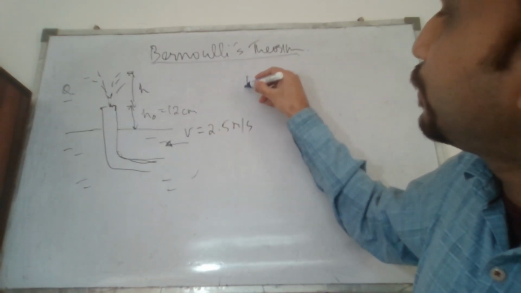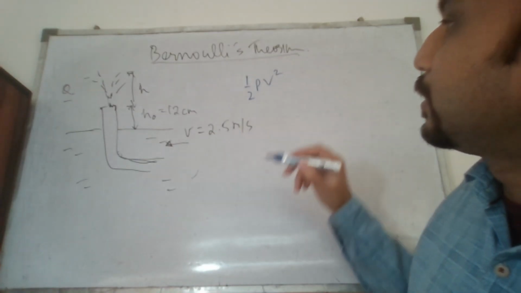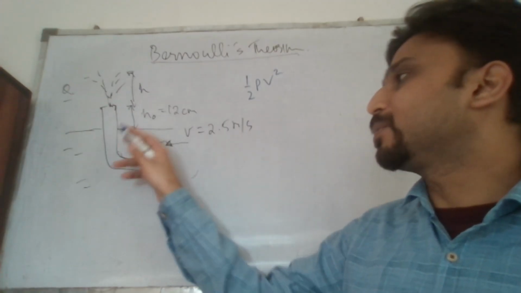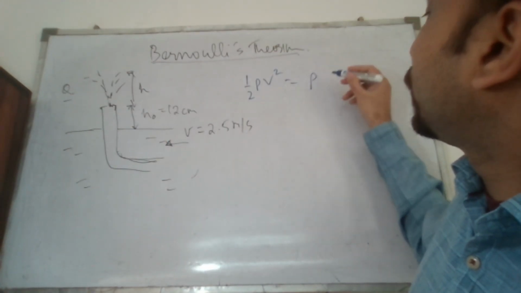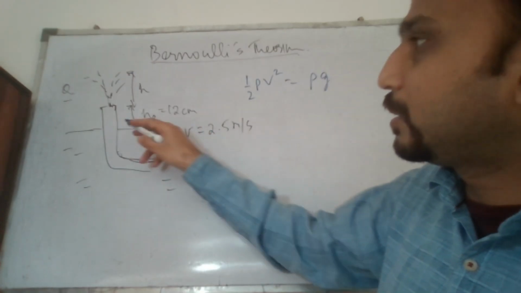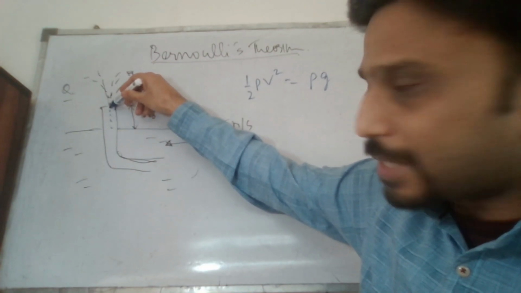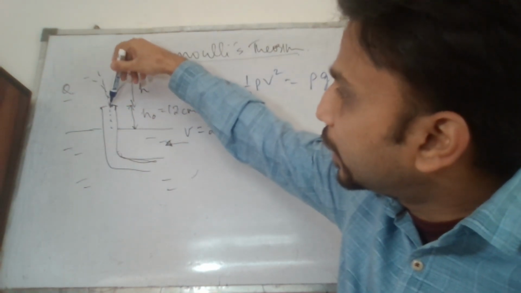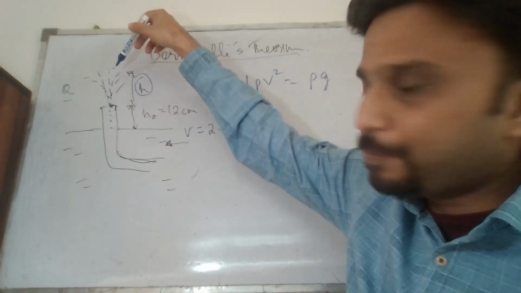So we will say half rho v square, that is the kinetic energy per unit volume of this fluid that is going inside, will be equal to rho g, this height h naught. The water will rise up till this height h naught, and further when it comes out of the tube, it will rise this further height h. That is what we will say.